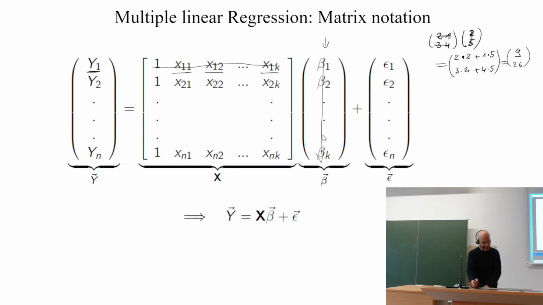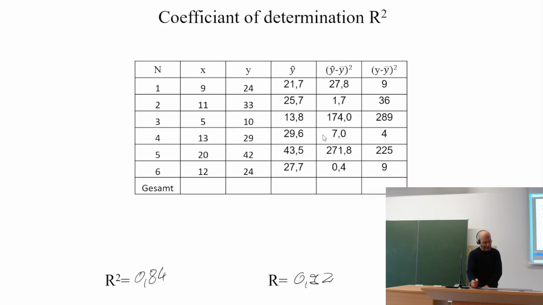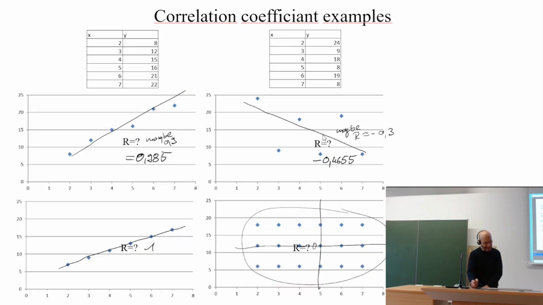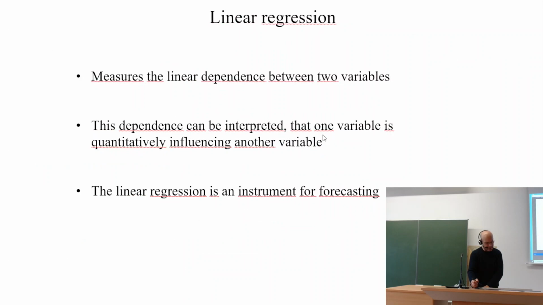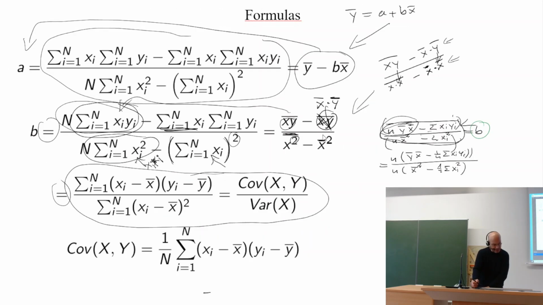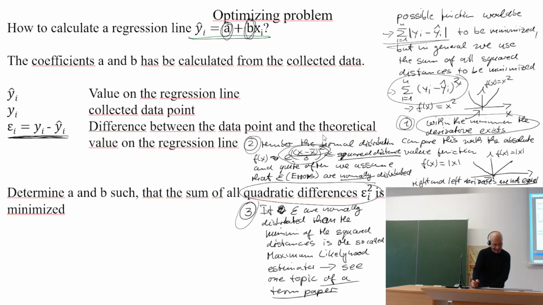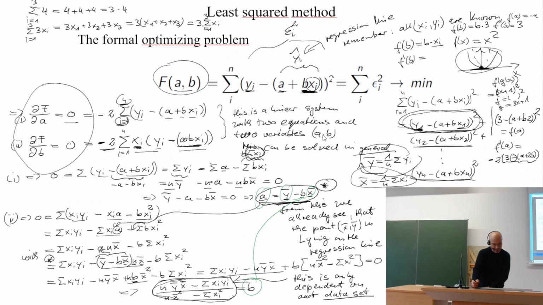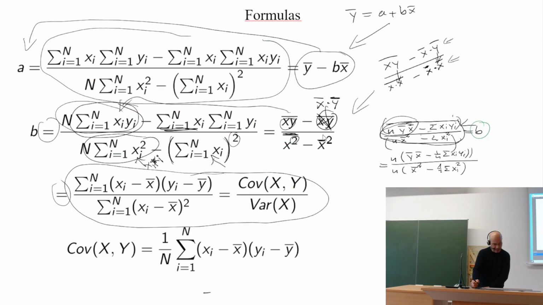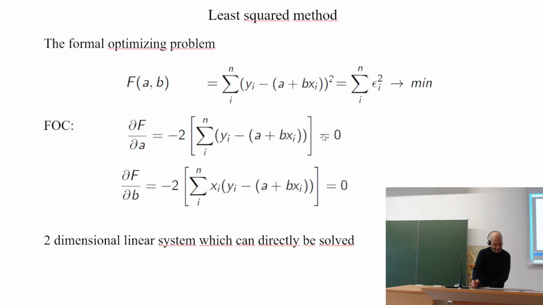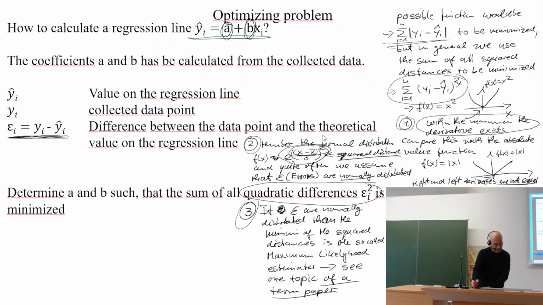And of course, in the end, when we compare this with our ansatz in the simple linear regression, where do I have it? Oh, here I had the epsilon.